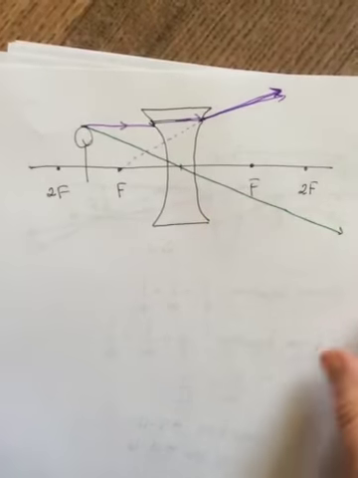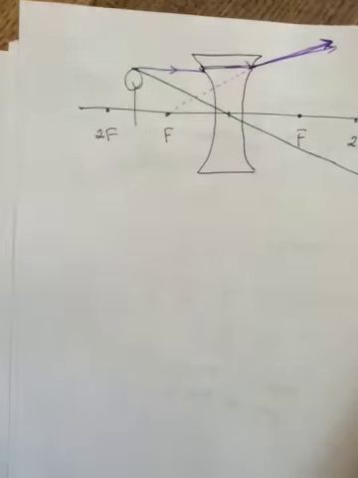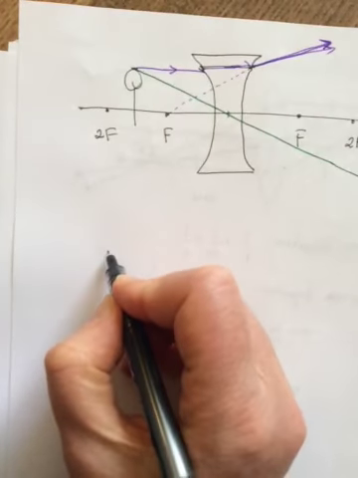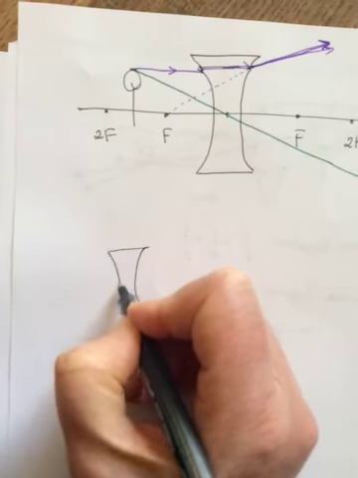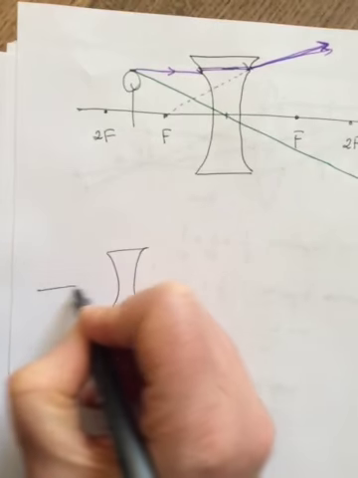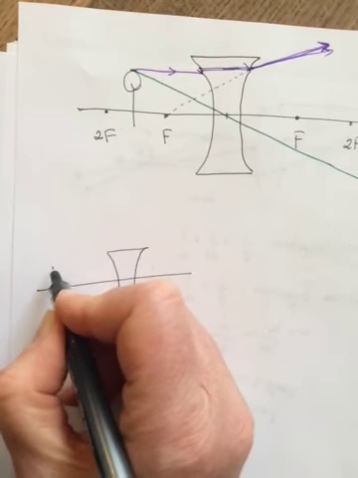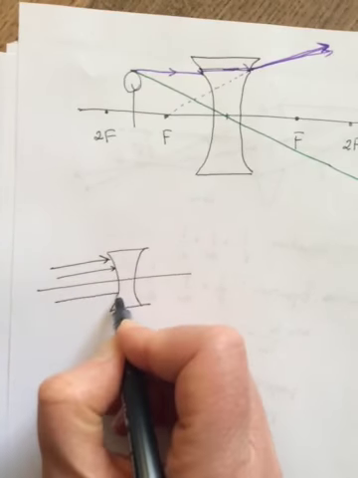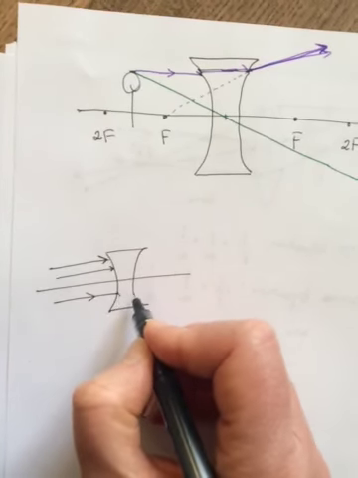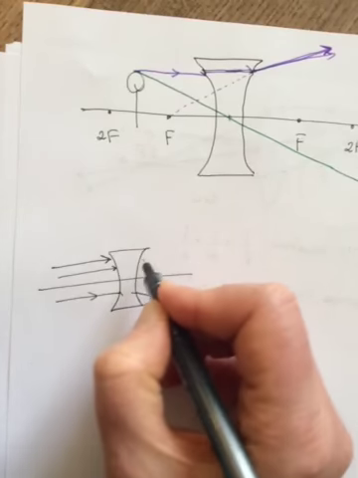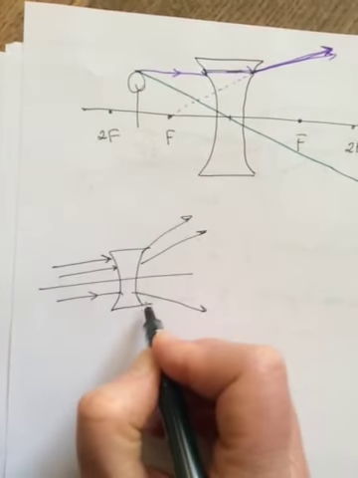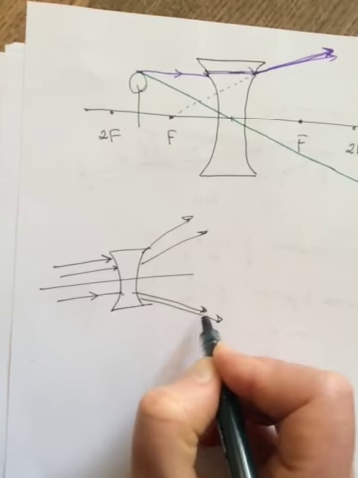All right, so the last piece is, why is this one called a diverging lens? It's called a diverging lens because all rays that go in parallel to the principal axis are all going to get bent in such a way that they diverge on the opposite side of the lens.